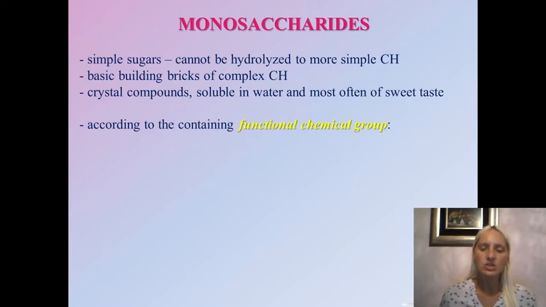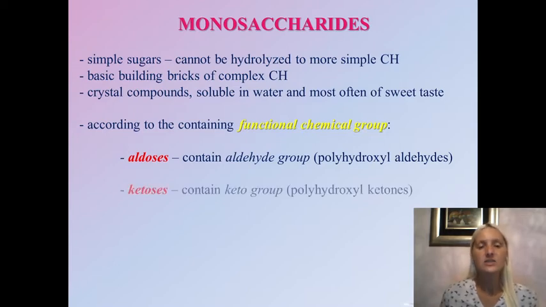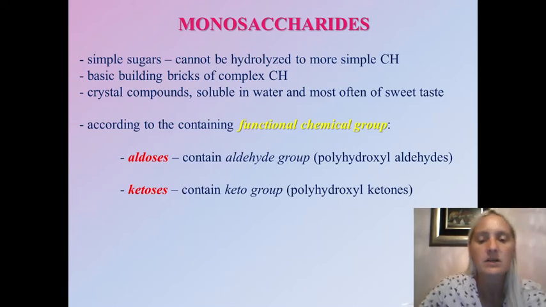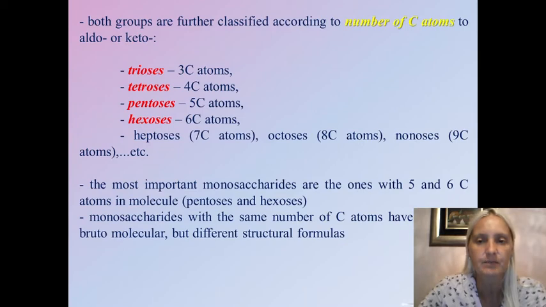According to the functional group found in the structure, they can be classified as aldoses, containing an aldehyde group, so they are marked as polyhydroxy aldehydes, and ketoses, because they contain a keto group, so they are marked as polyhydroxy ketones. The presence of a free aldehyde or free keto group provides reducing properties to carbohydrates.